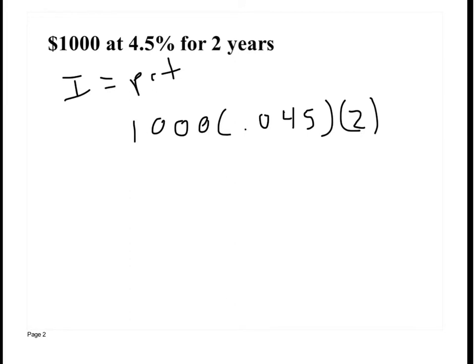When I do that, I get $90. So if you were to borrow this amount for 2 years at this interest rate, you would pay $90 extra. Now, if it was to say, what's the total cost of this loan? What would it be? $1,090. You would add the interest plus the principal. That's how much you would pay.